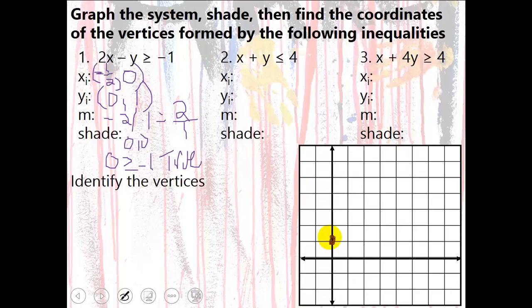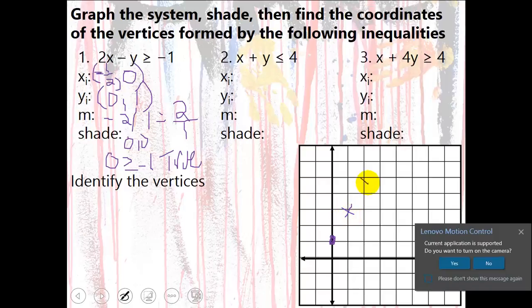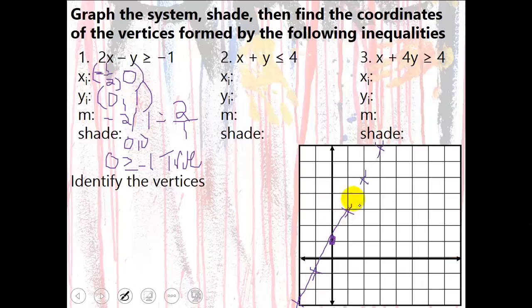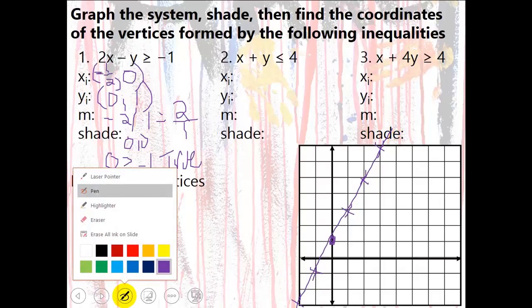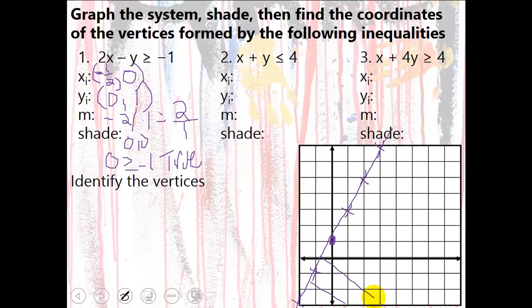So I have up 2 over 1, up 2 over 1, up 2 over 1, down 2 over 1, down 2 over 1, and this should be a solid line. Okay. All right, next equation, I'm going to do that one in red. Which way do we want to shade? Towards, right? So let's get our shading in here.